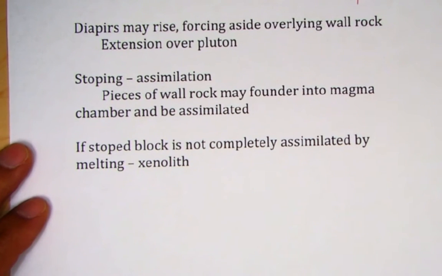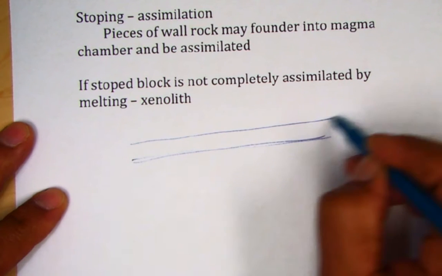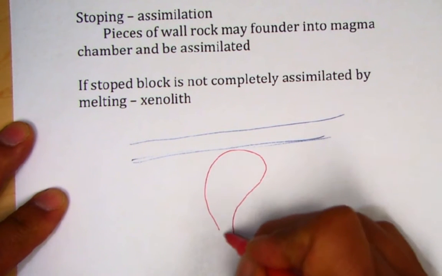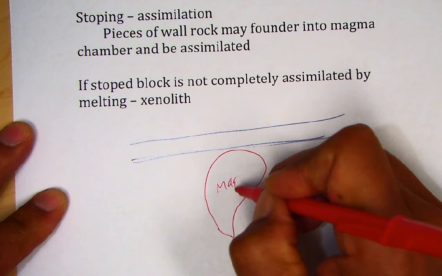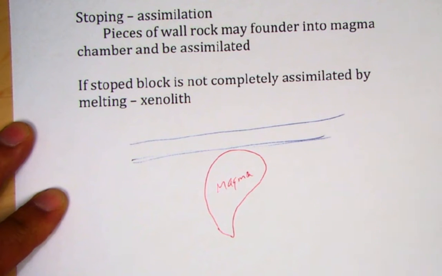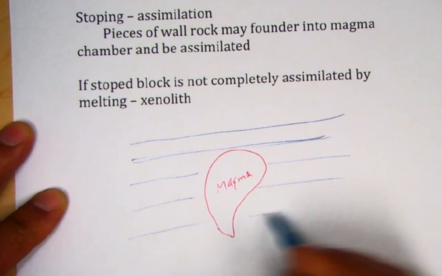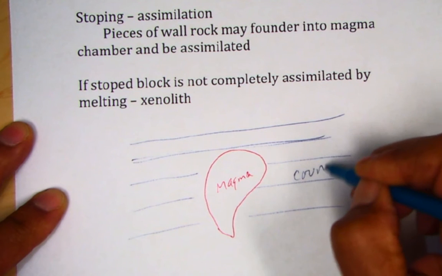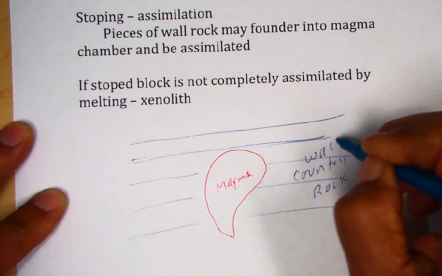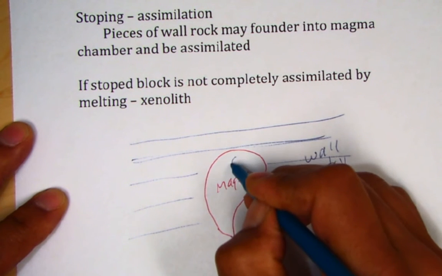In some cases, let's say we have some wall rock here. We'll put some layers, and let's put a magma chamber in here, right? So here's our magma, and then we'll have our surrounding strata here, our country rock or wall rock. Let's say a piece of this wall rock stopes and falls in here, right?